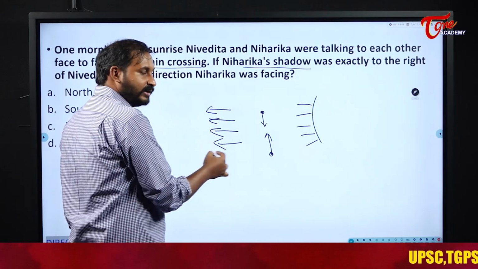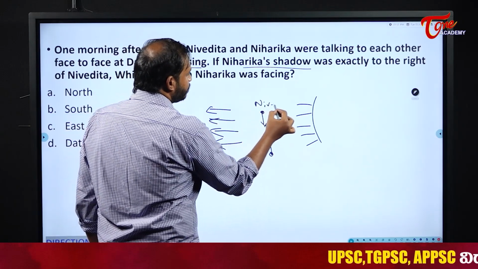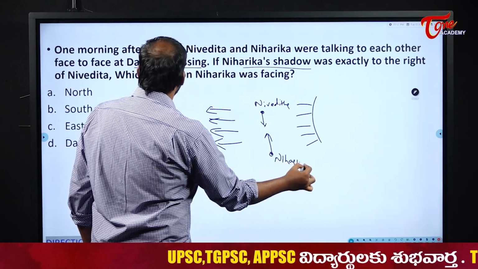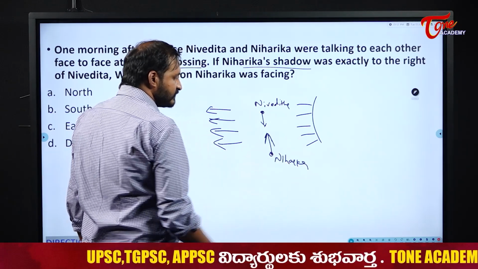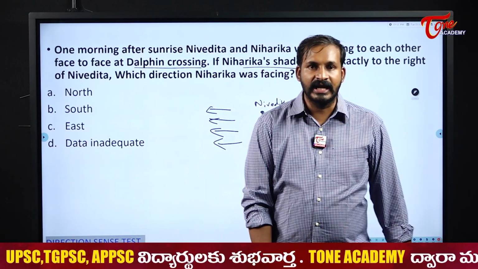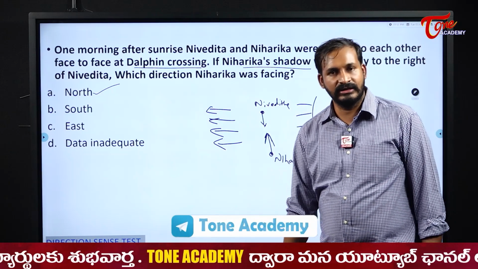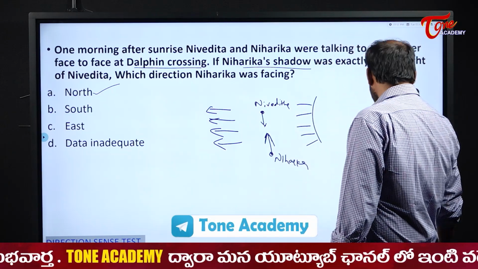Now this is the right of Nivedita, and Niharika will go here. Which direction was Niharika facing? Niharika is facing north direction. Right. Next one.